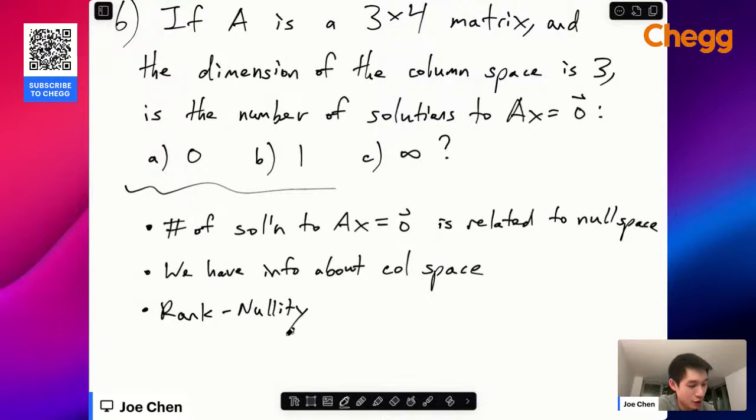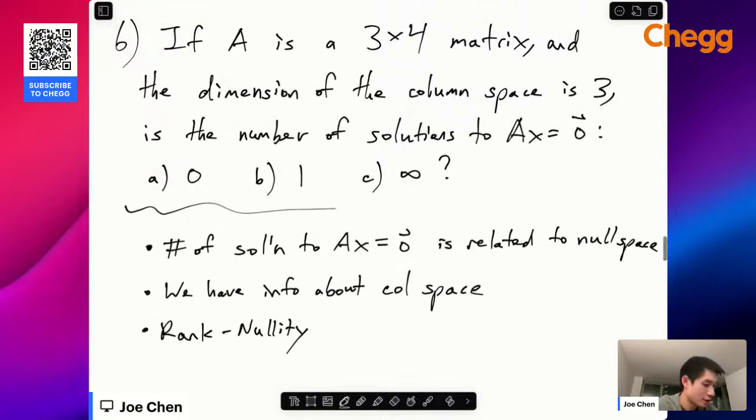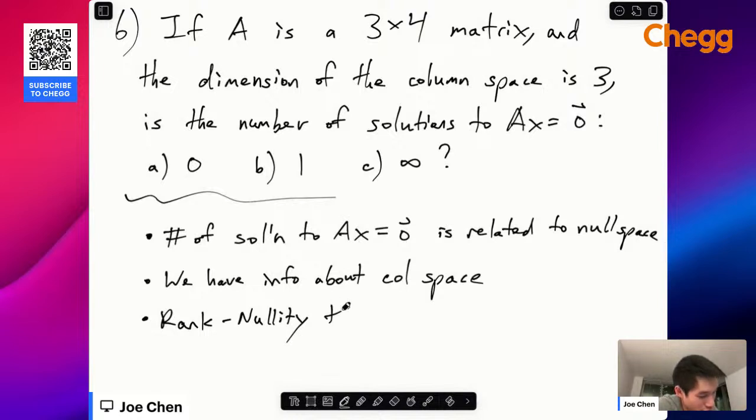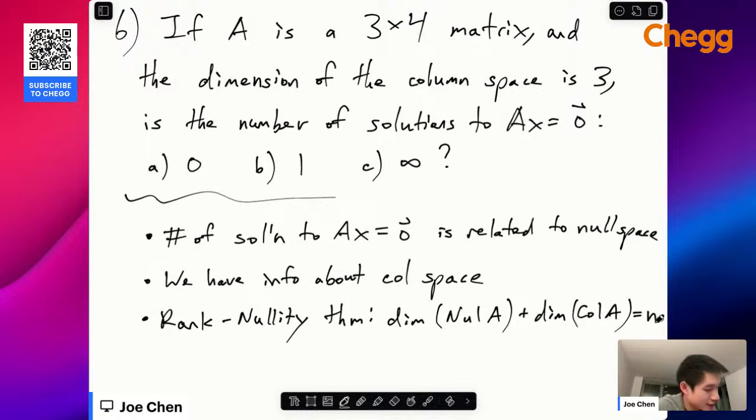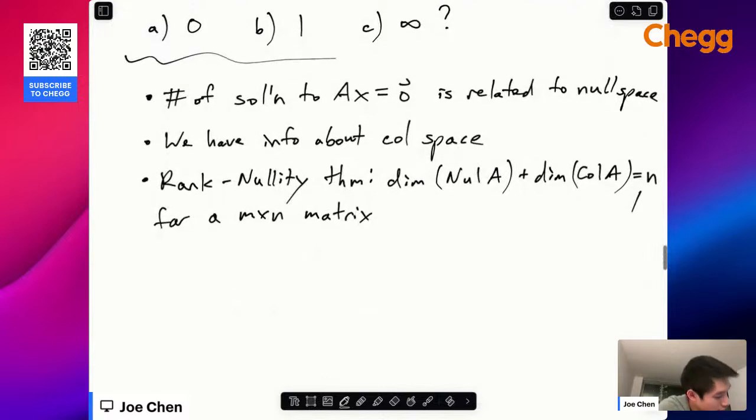It may be called something different in your class, but the theorem says that the dimension of the null space of A, plus the dimension of the column space of A, is equal to n, where A is an m by n matrix. So this is the number of variables.